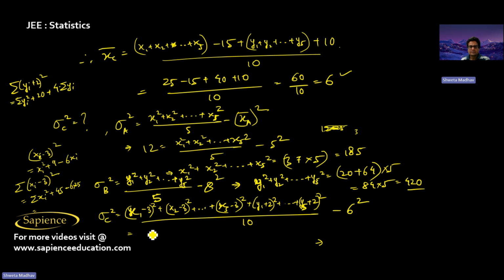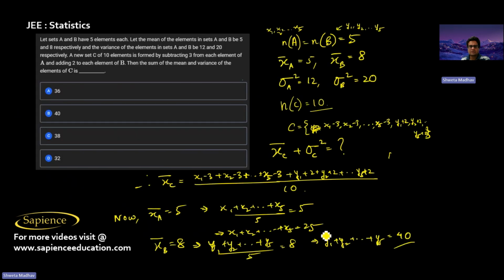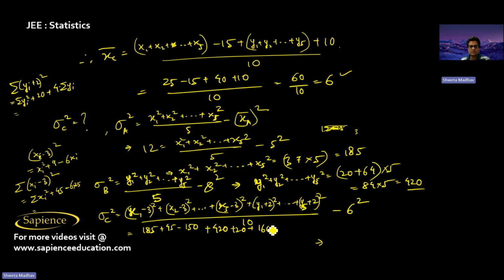So this will be 185 plus 45 minus 150, then plus summation yi squared, that is 420, then plus 20, plus 4 into summation yi, 4 into 40 is 160, divided by 10 minus 36.